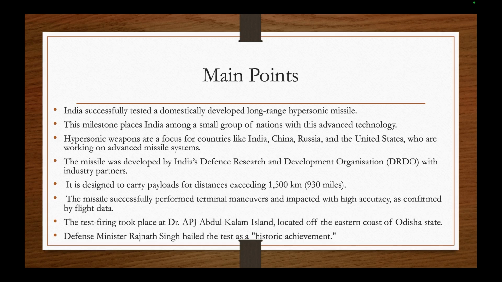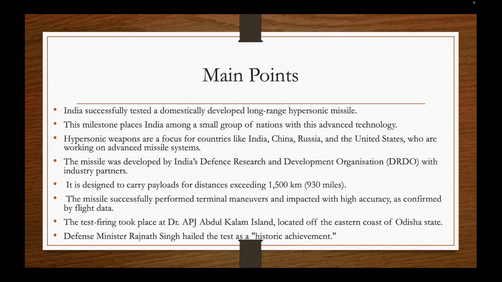Here, India successfully tested a domestically developed long-range hypersonic missile. This milestone places India among a small group of nations with this advanced technology. Hypersonic weapons are a focus for countries like India, China, Russia, and the United States, who are working on advanced missile systems. The missile was developed by India's Defense Research and Development Organization with industry partners.